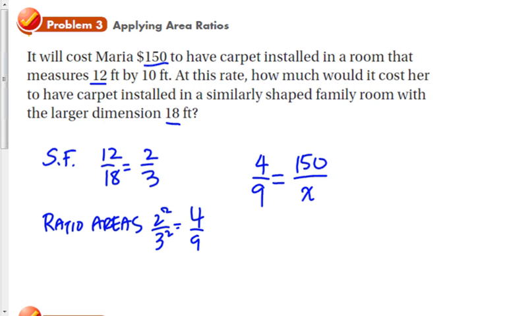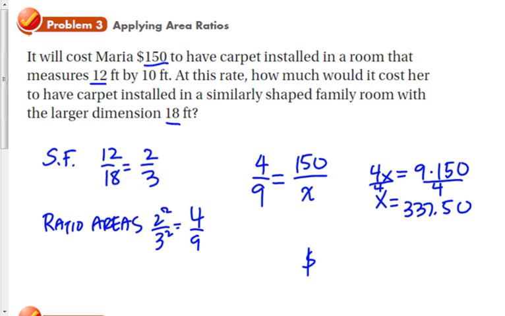Put that over x, and then we're just going to use cross product property. 4 times x is equal to 9 times 150. So x is equal to 9 times 150 divided by 4, which is 337.5. So it should cost proportionally $337.50 to carpet the larger room. All right, you try that.